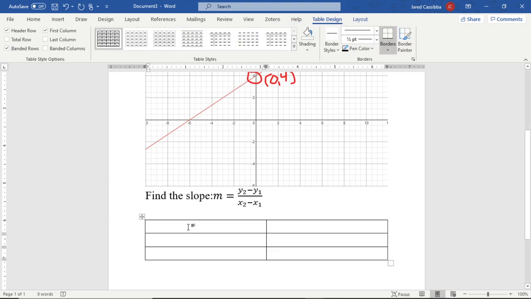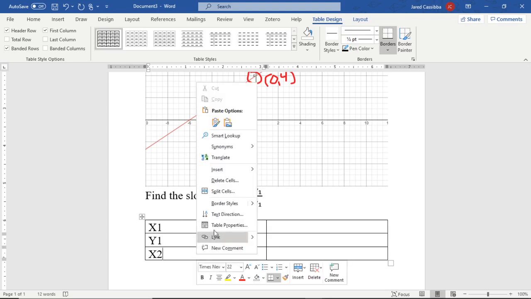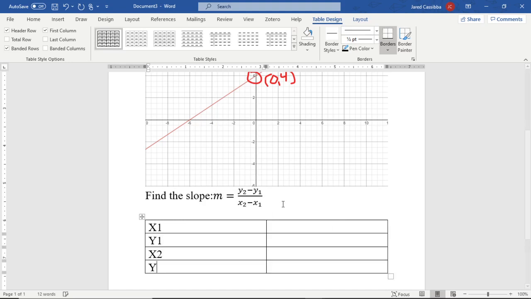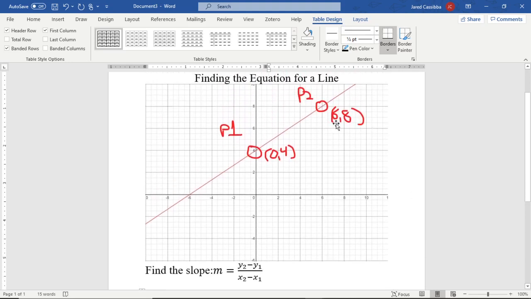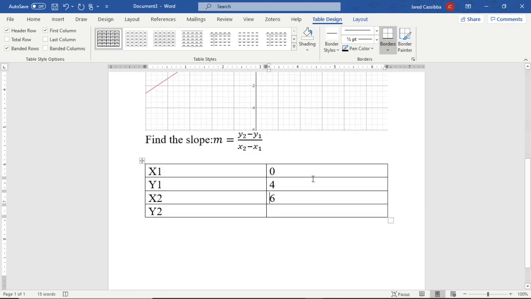So we have our x1, our y1, our x2, I add one more, insert row below, and then y2. Let's just make it easier to put into the equation. So our x1, well that's the first number, so that's 0. Our y1 is 4. Our x2 is the first number in the second one, so 6, and then 8. Okay.